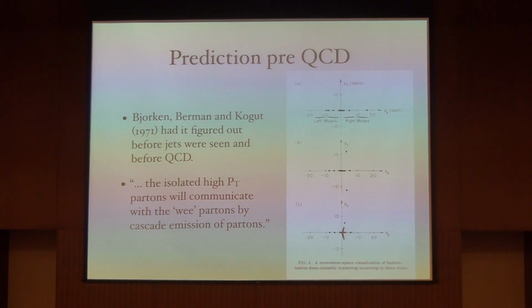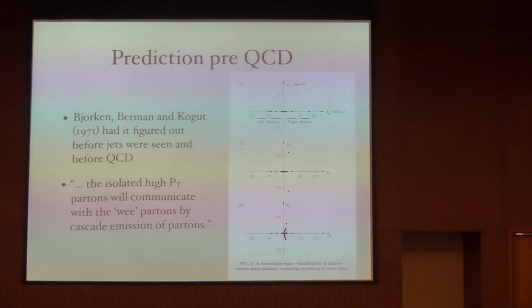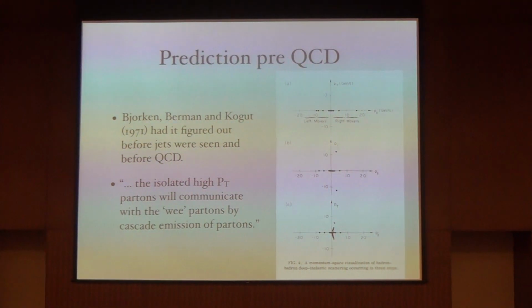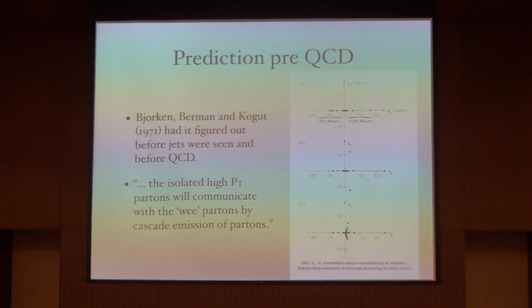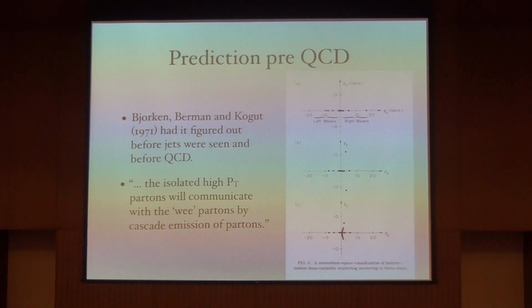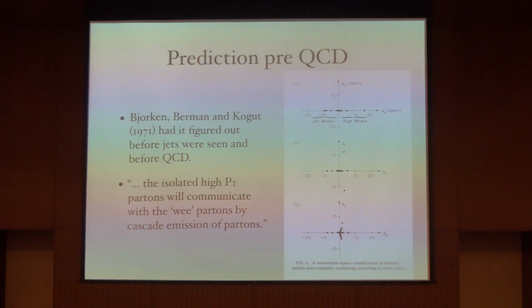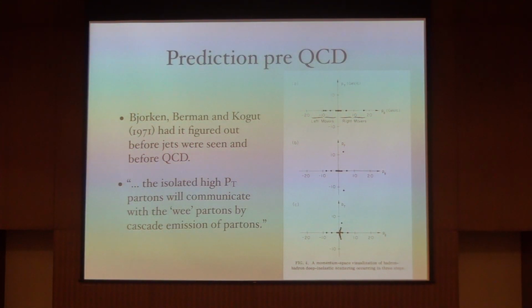That was actually predicted before anybody dreamed of QCD by Bjorken, Berman, and Kogut in 1971. And I've just reproduced a picture from their paper. They didn't have QCD, but there was around at that time what's called the parton model.